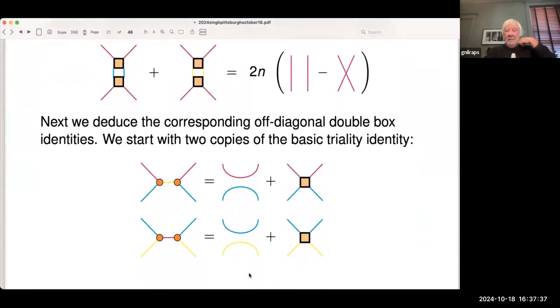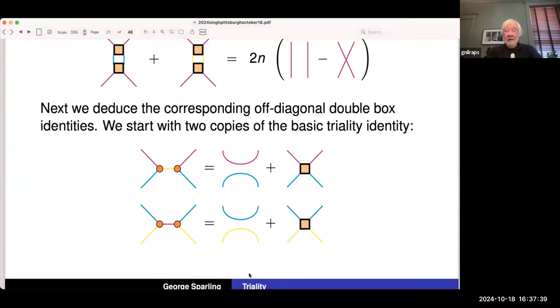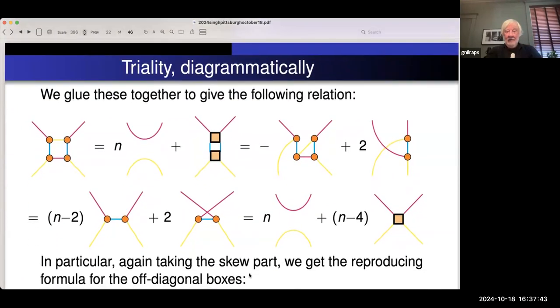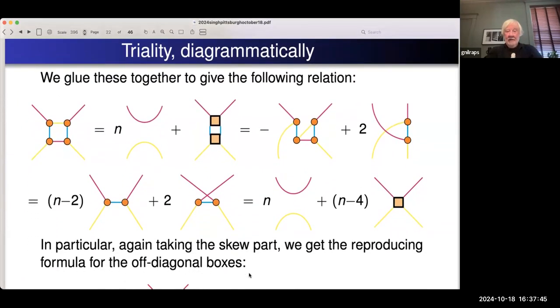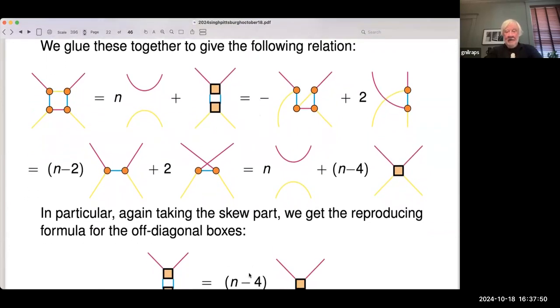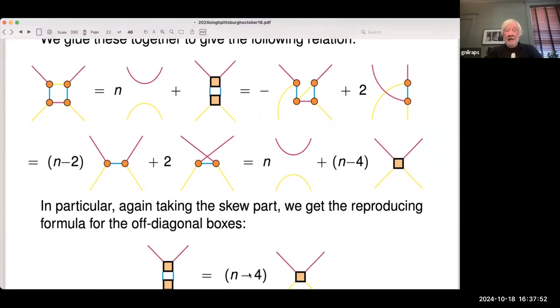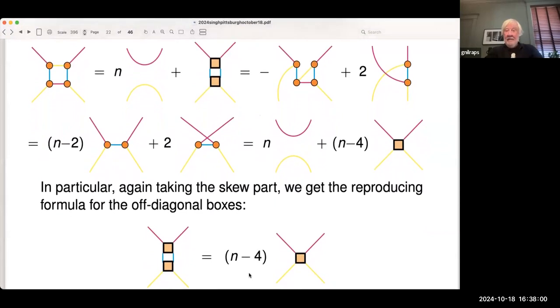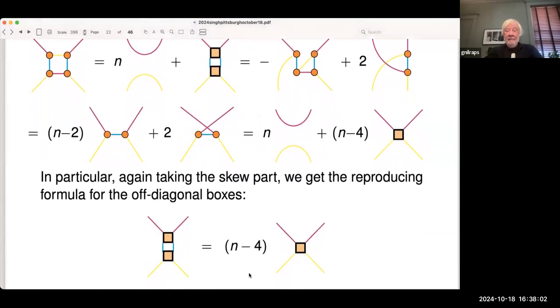Again, we start with 2 copies of the basic triality, glue them together, and you get some relations. Again, you can look at the slides and see how all these relations you can actually deduce directly on the screen if you spend a bit of time fiddling around with symmetries and whatnot.